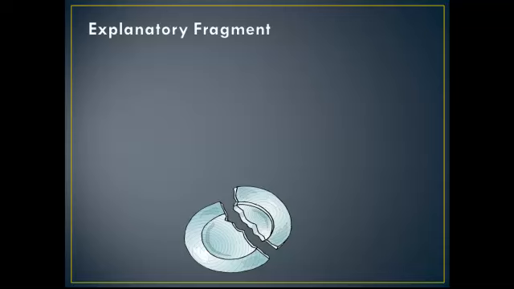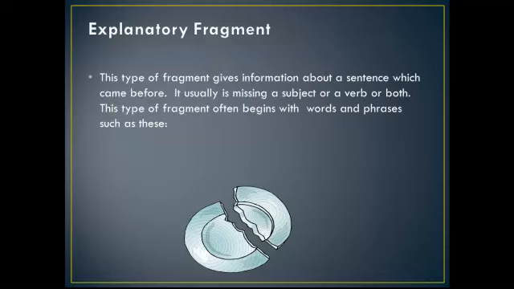Explanatory fragment. This type of fragment gives information about a sentence which came before. It usually is missing a subject or a verb or both. This type of fragment often begins with words and phrases such as these.